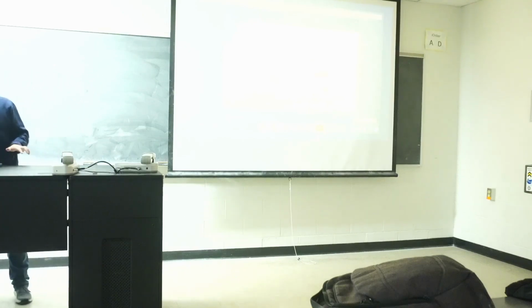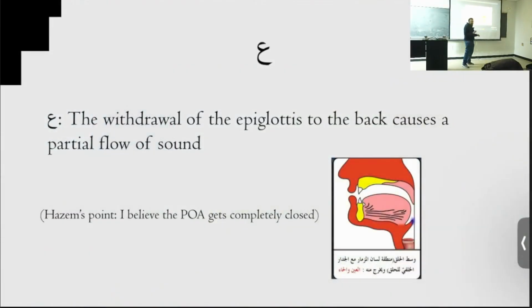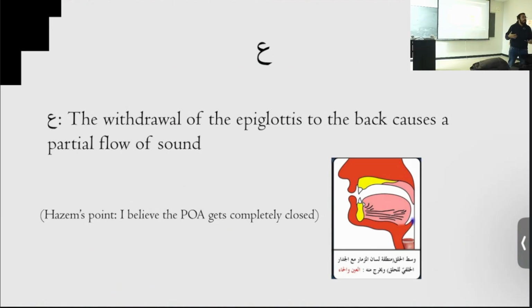Right? Okay. Ayn is the one I'm not completely comfortable with. But the idea is ayn does not fully flow actually. It's actually the easiest one to understand, but yeah, I have problems with it. The idea is that, can you say ayn forever? Ah.